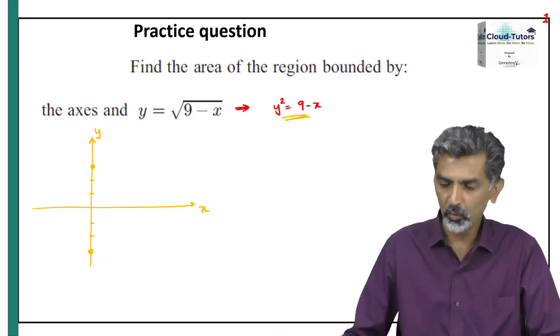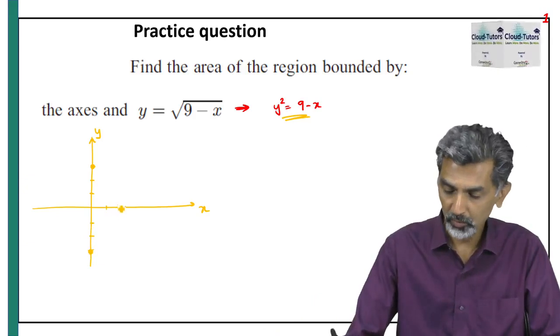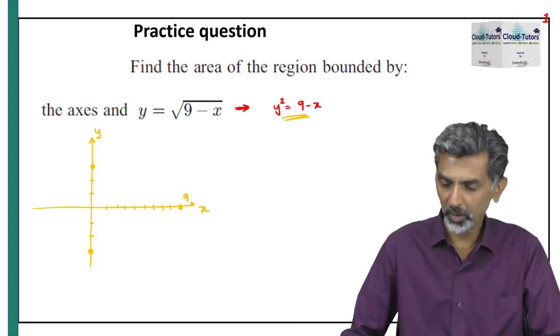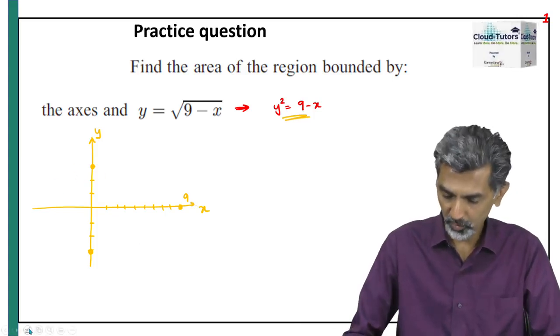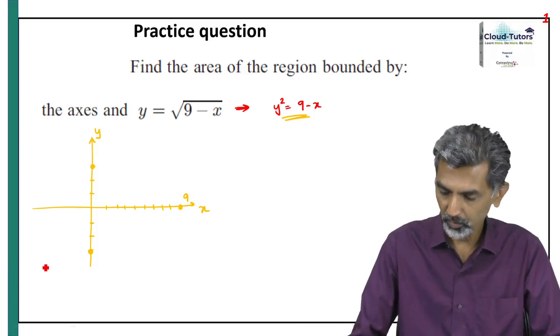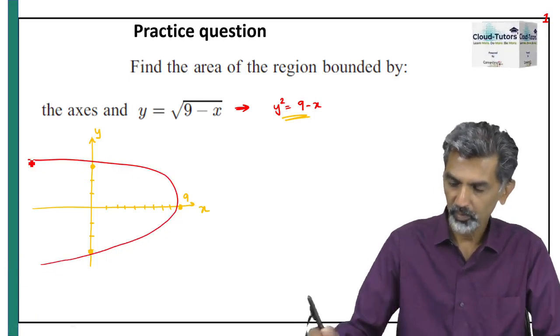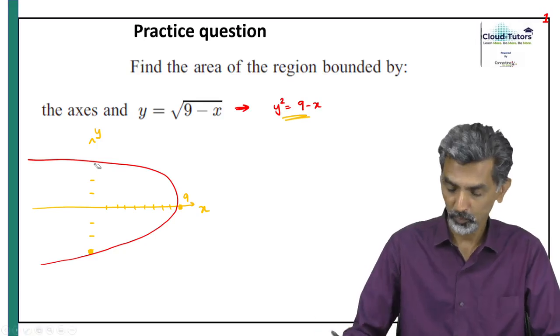And when y is 0, x is equal to 9. Somewhere here, this is 9. So we have a parabola which is something like this. Something like that.